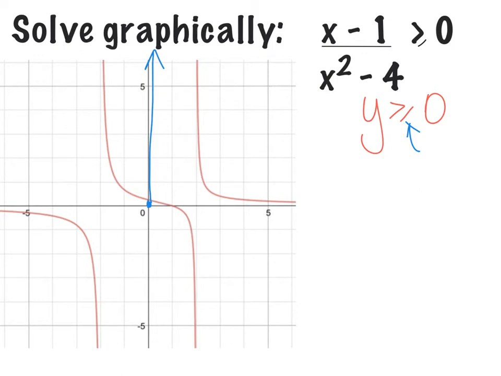So I notice that if I start at x equals 1 right here, and I move to the left, that part of the function is above the x-axis, which satisfies part of my inequality here. Now, I notice also that it tapers off right at about x equals negative 2. There's going to be an asymptote running up x equals negative 2.